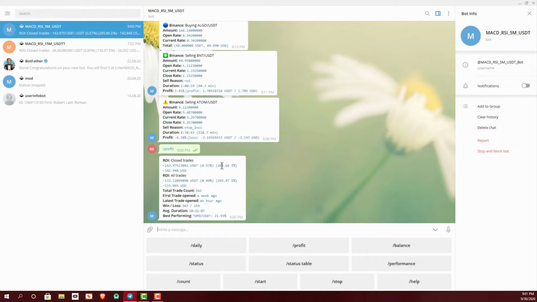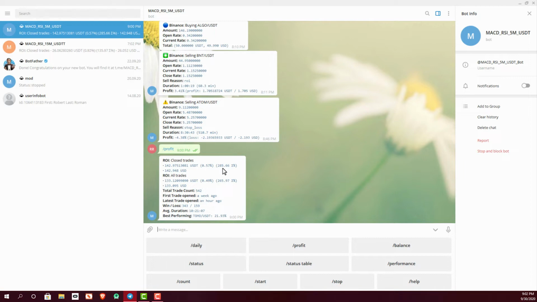So $50 times 300% would be $150, and well, it's a little bit under $150, but we have 285, which is very good because you're risking $50 on each trade, and 7 days later you have $150. You just tripled your money, in other words.